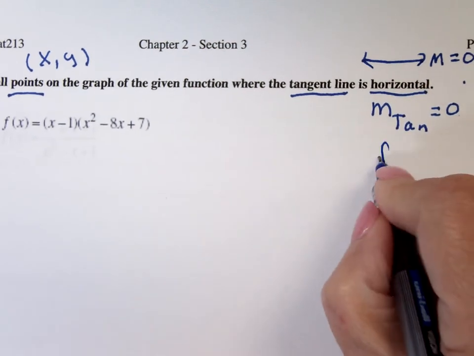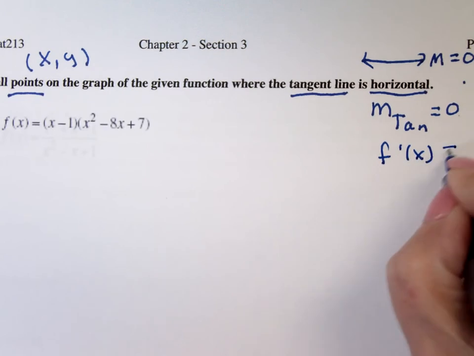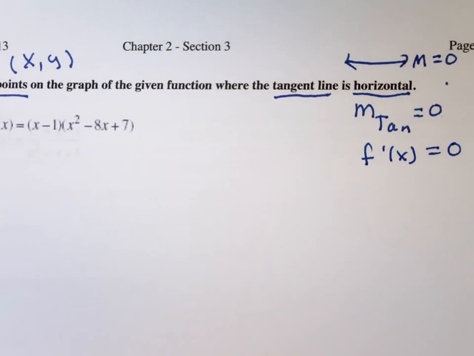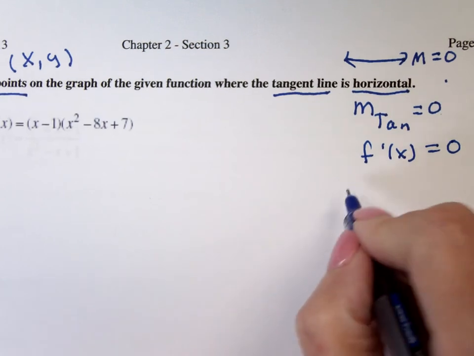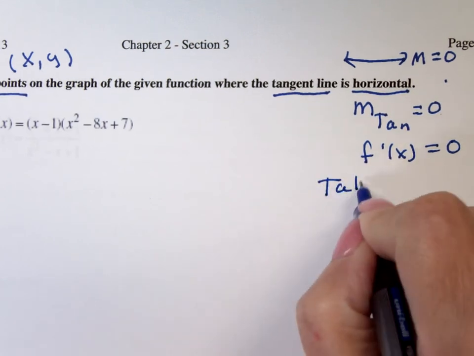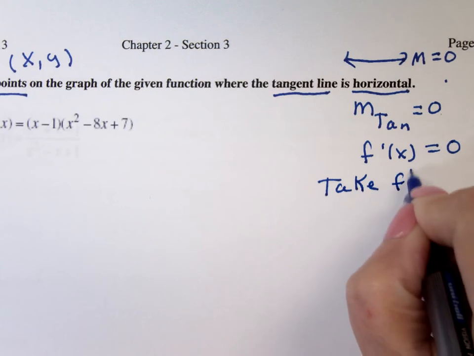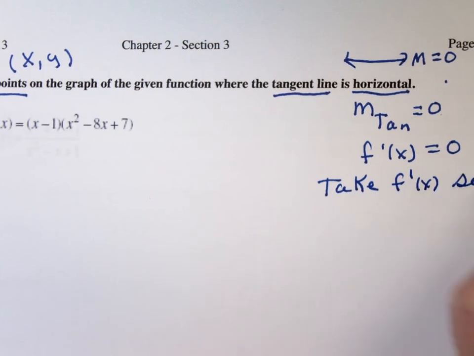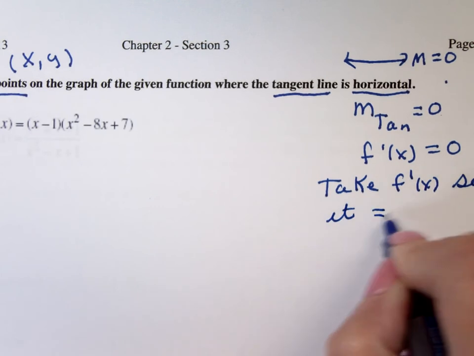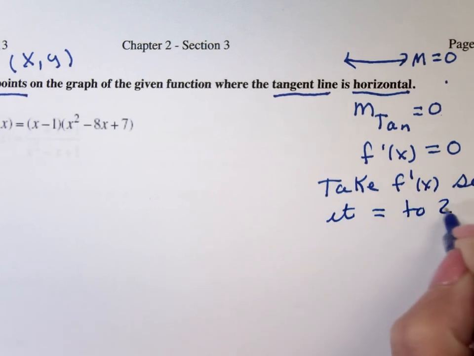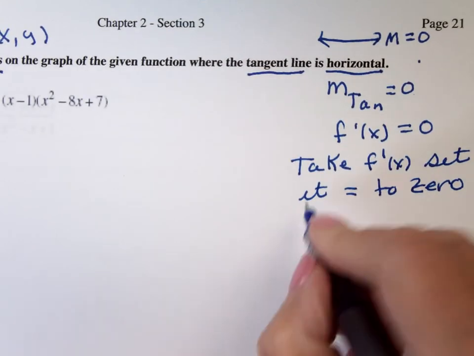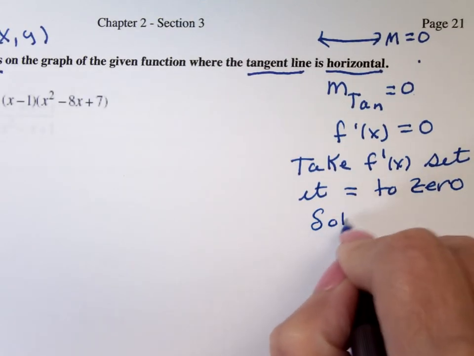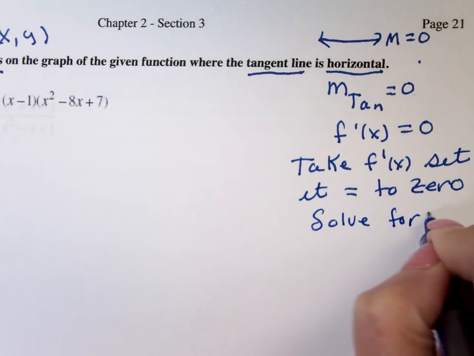The slope of the tangent line is f prime of x. So in order to find it, I'm going to have to take the derivative and set it equal to 0 and solve for x.